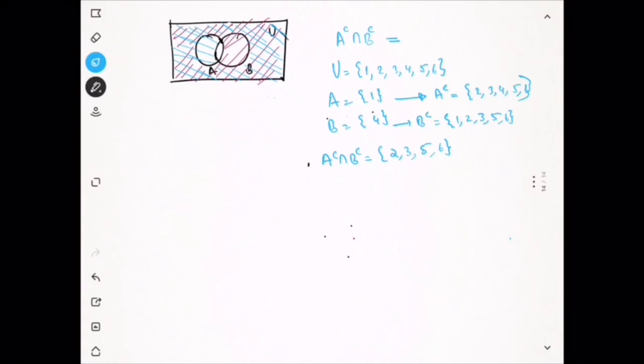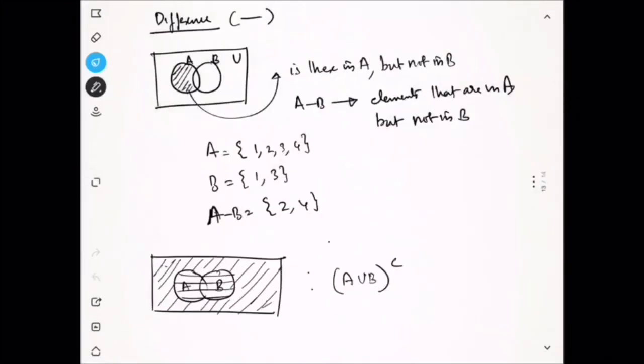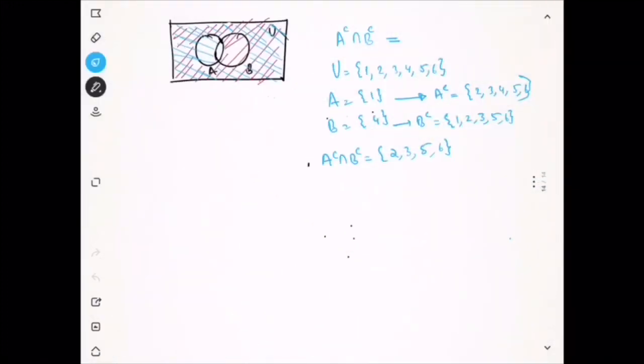So if you see this thing with the previous one, A union B whole complement and A complement intersection B complement, let us see something. And in this example, actually we will calculate one more thing. Suppose we calculate A union B. What do you mean by A union B?